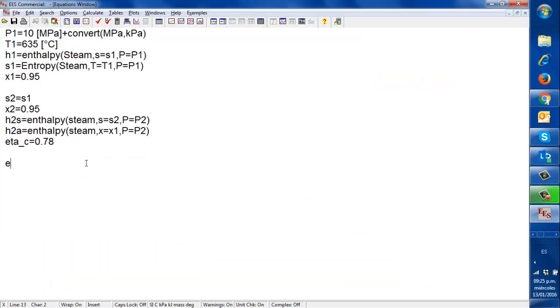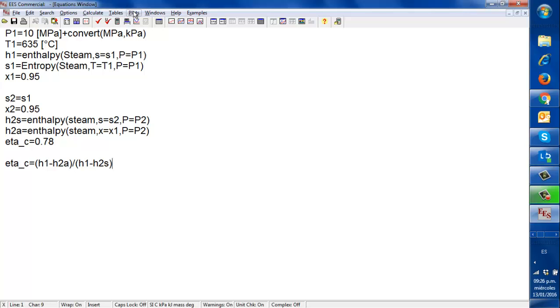So okay, that's the definition. But it's difficult to see if I type it right or wrong.